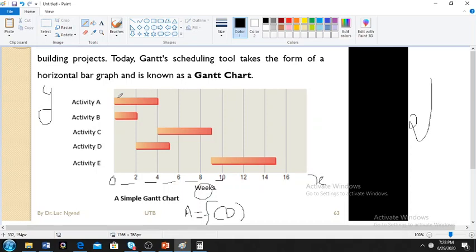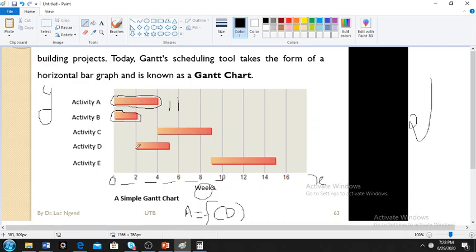Now you see that activity A will take 4 weeks. You see that activity B will be in parallel. Activity A and B will be in parallel, but A takes 4 weeks, and B takes 2 weeks.